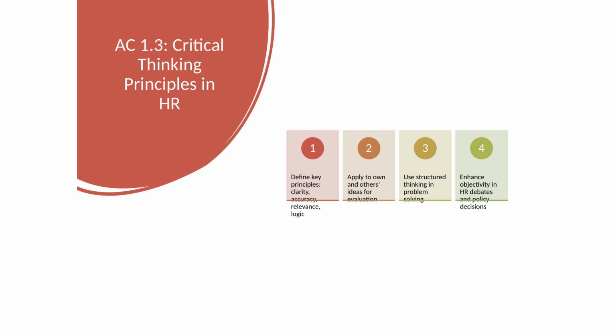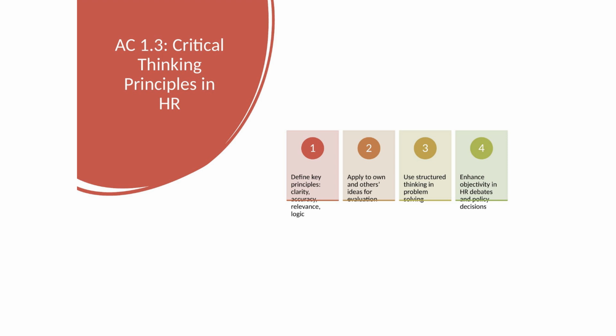For AC 1.3, focus on the foundational principles of critical thinking: clarity, accuracy, depth, relevance, logic, and fairness. Explain how these help HR professionals dissect information, assess alternative viewpoints, and form balanced judgments. Give examples: evaluating a proposed policy change or a new reward scheme.